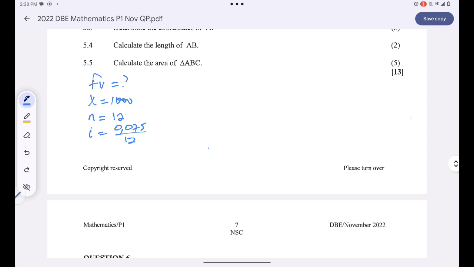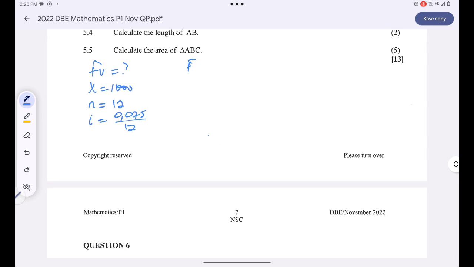Okay, so the only thing that we don't know here is the future value. If we find our future value to be at least 13,000, then Tino will be able to purchase a computer. But if the future value is less than 13,000, Tino will not have sufficient funds to purchase the computer.